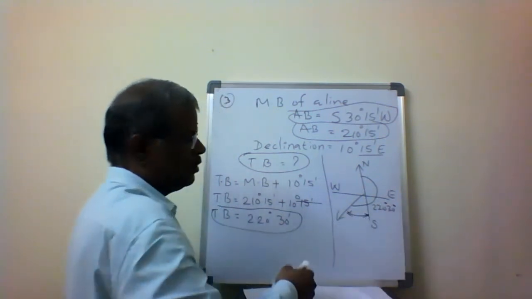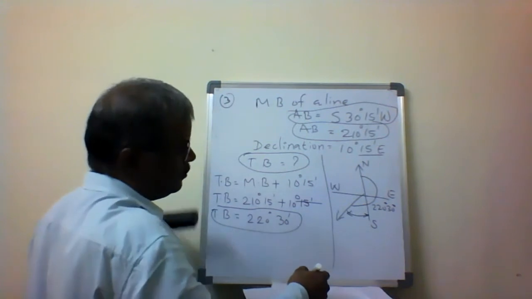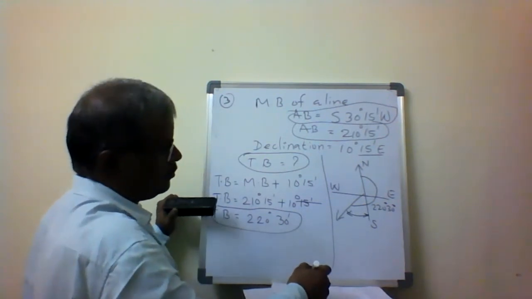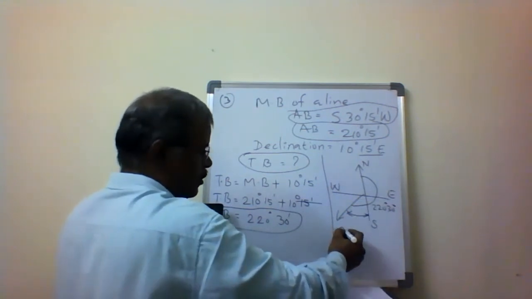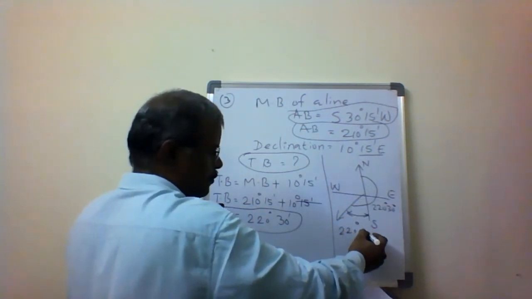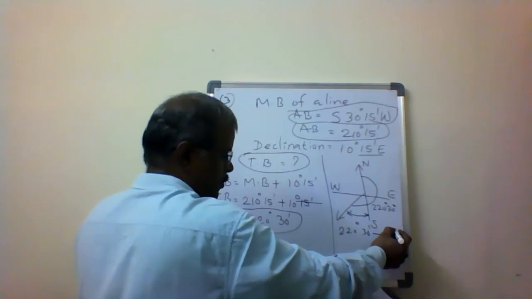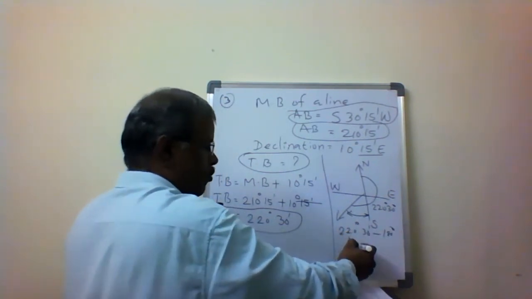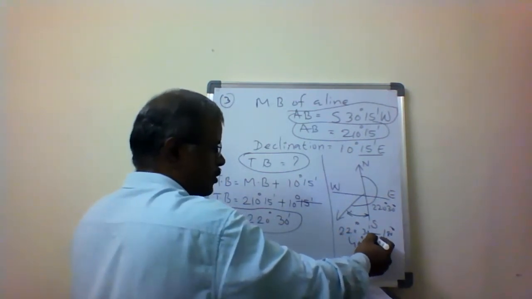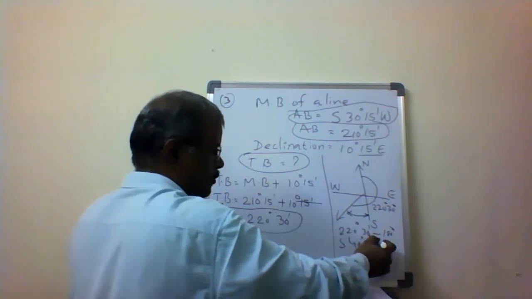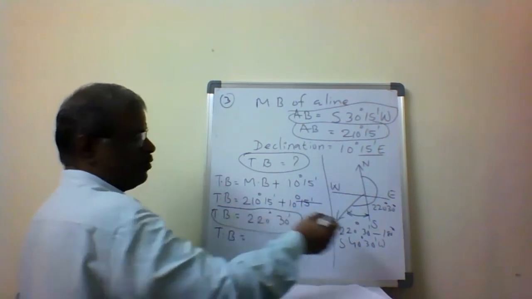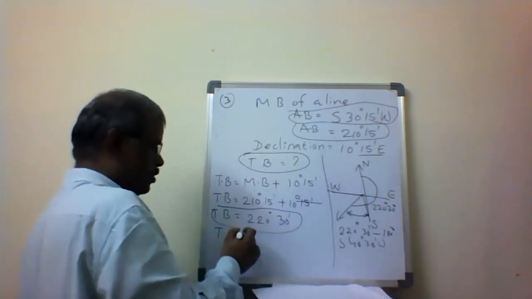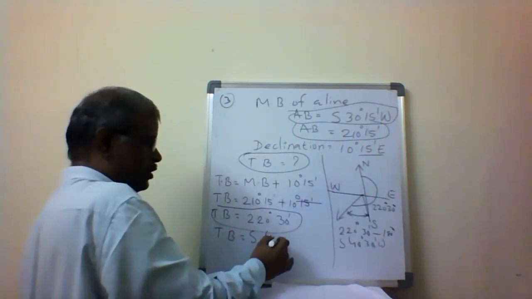This is the theta, which means 220 degrees minus 180, which gives 40 degrees 30 minutes, southwest. So your true bearing equals southwest 40 degrees 30 minutes.